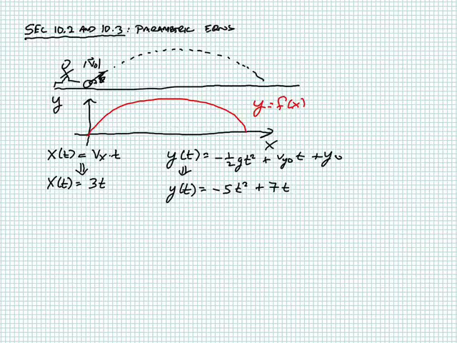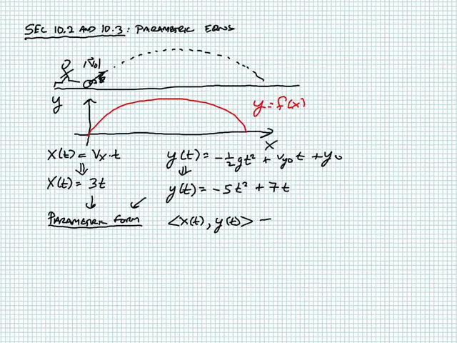If we want to communicate these two in what's called parametric form, we're just going to communicate it as x as a function of time, comma, y as a function of time, held with these triangular brackets.